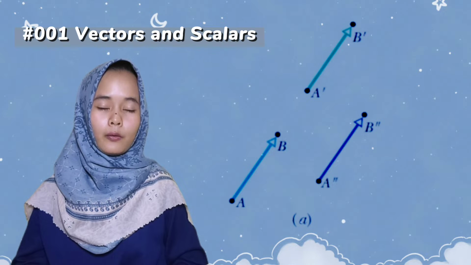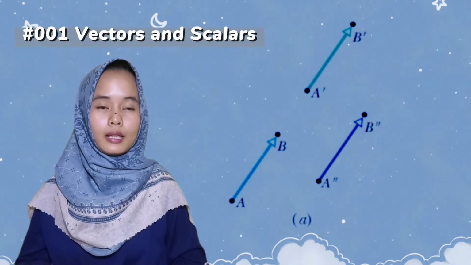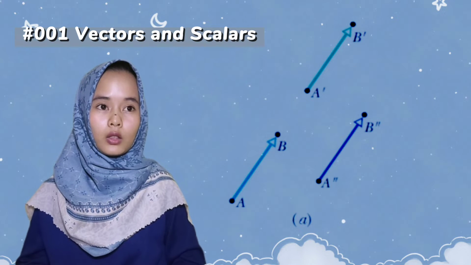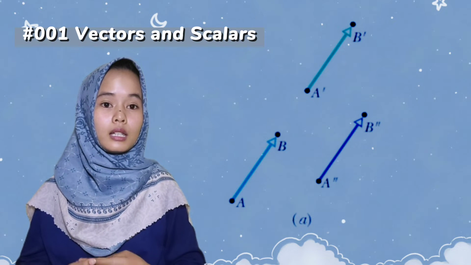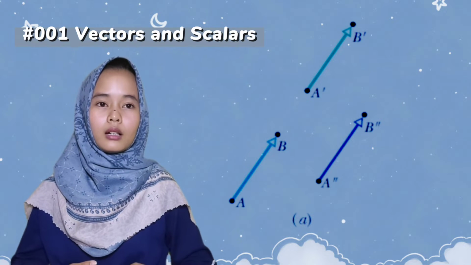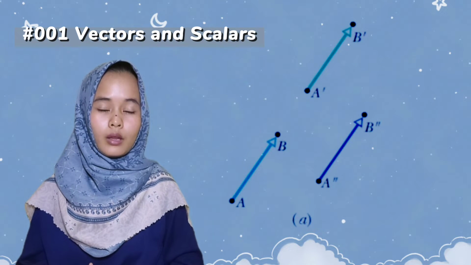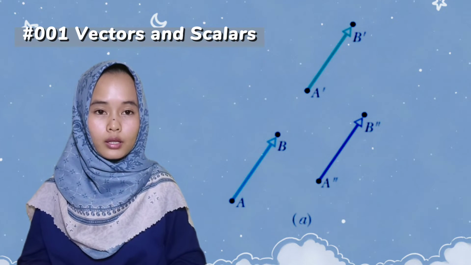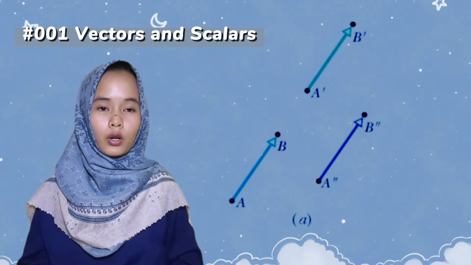The simplest vector quantity is displacement, or change of position. A vector that represents a displacement is called, reasonably, a displacement vector. Similarly, we have velocity vectors and acceleration vectors.